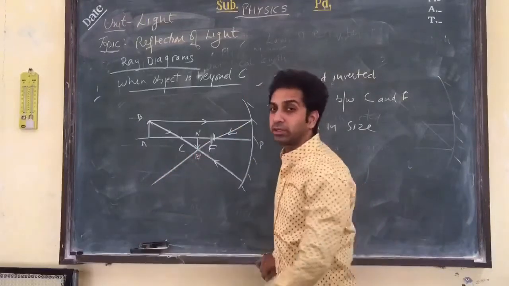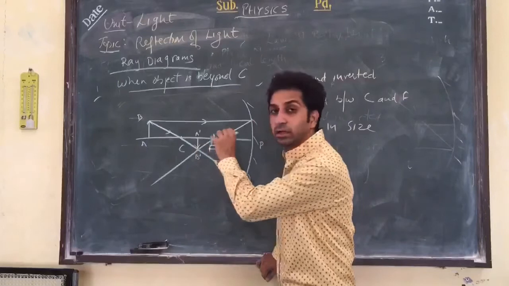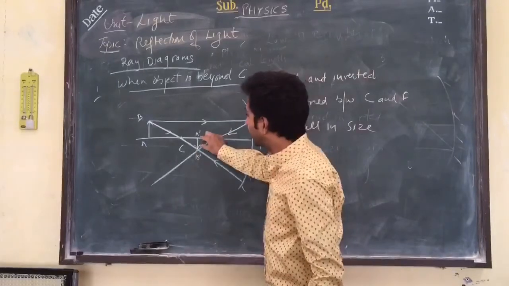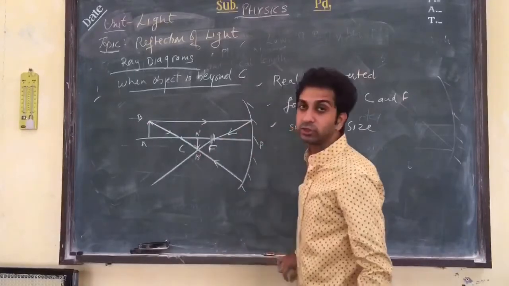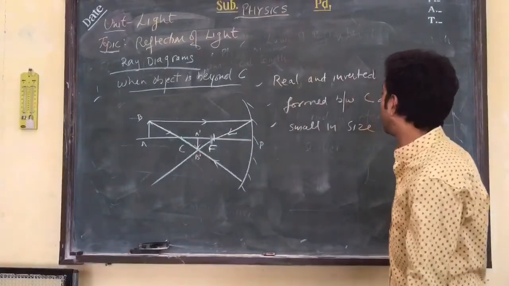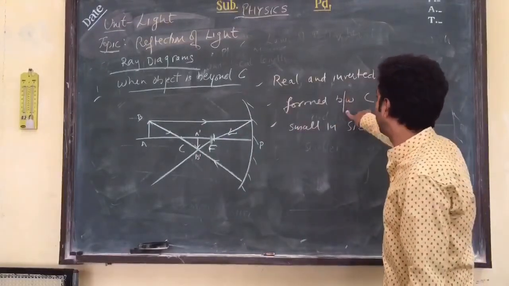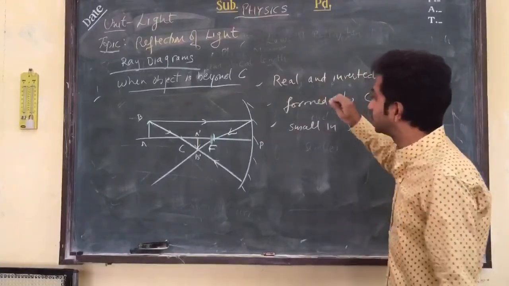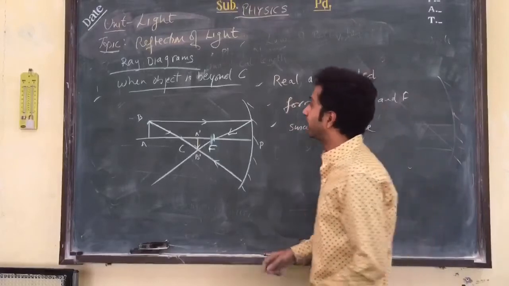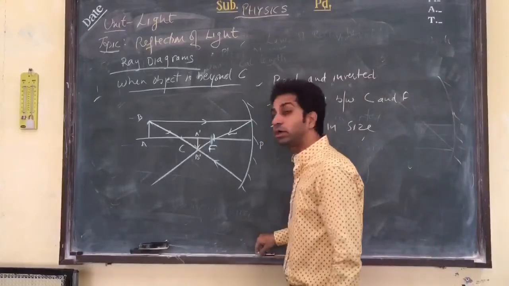We need to illustrate this diagrammatically also. The arrowhead is shorter and this is long. The difference should be seen in the diagram also, right? So this is real and inverted, formed between C and F, and small in size. These are the various characteristics of the second ray diagram, when the object is placed beyond C.